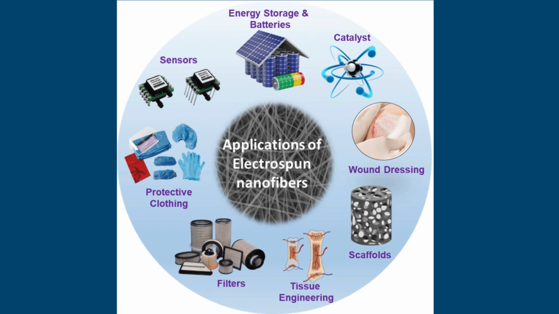Future developments are expected to focus on improving scalability, enhancing process control, and advancing sustainable practices through the use of green solvents and energy-efficient systems. Continued interdisciplinary research will further expand the capabilities of electrospinning and solidify its role as a key technology in advanced materials science.